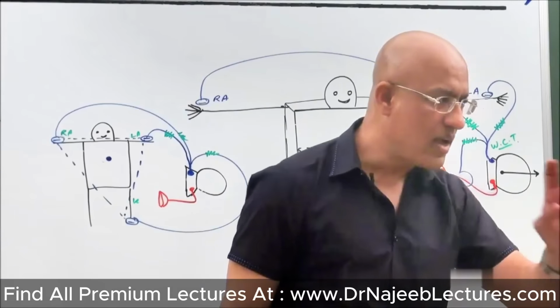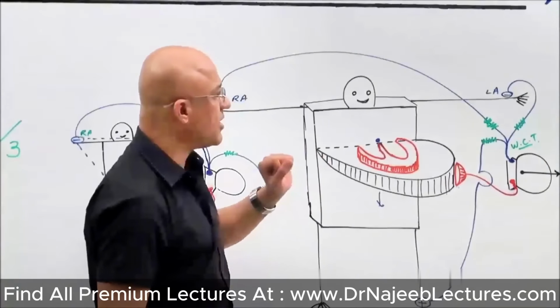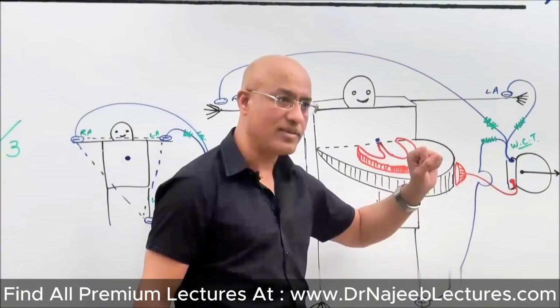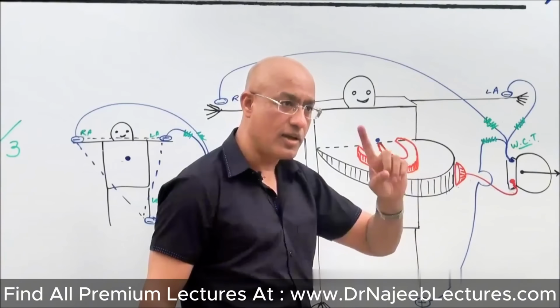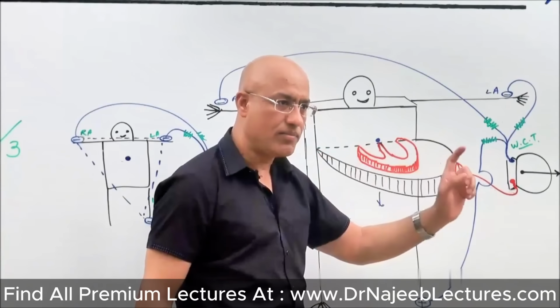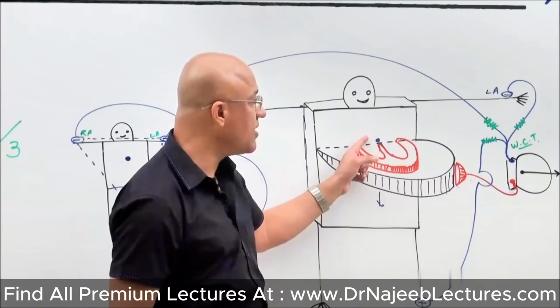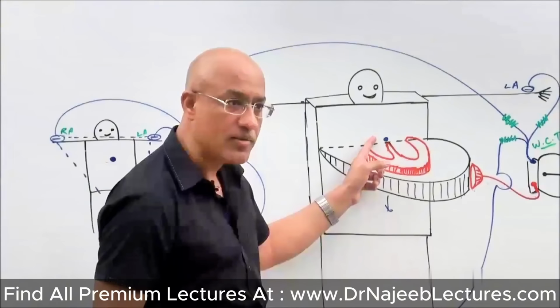Am I clear? Now, chest leads are unipolar leads. They have one exploring electrode and they also have an indifferent electrode, right?